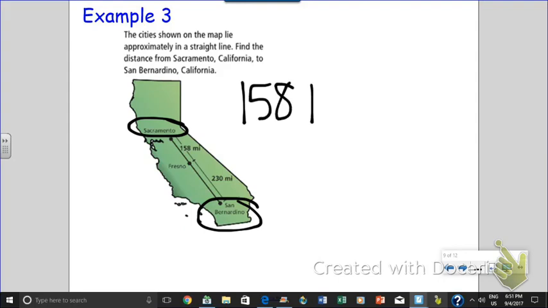Segment addition, we add the 230 miles it is from Fresno to San Bernardino, and so our distance from our 2 points equals a total, if we add them together, of 388 miles.